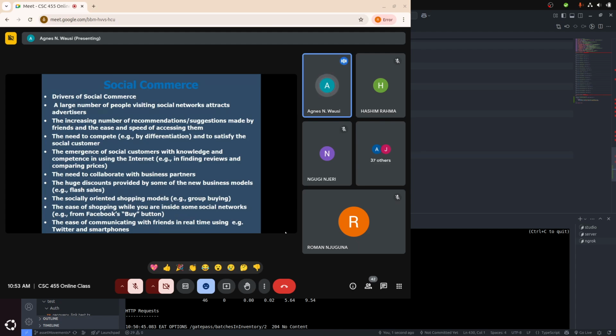When you really need the item, you just click the buy button. And you can communicate with friends, even as they are advertising, in real time, you're able to ask questions and make the decision to buy whatever it is that you want to buy.